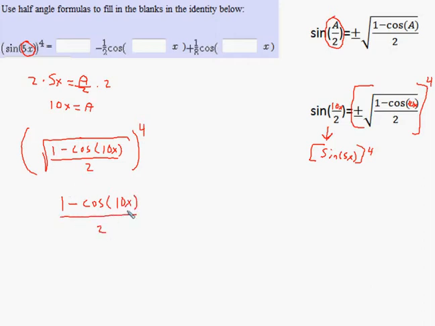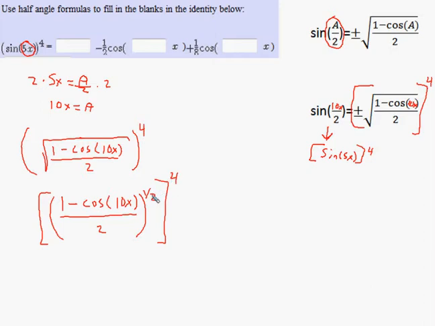In intermediate or college algebra, you learned that taking the square root is equivalent to raising to the 1/2 power. That's just one way to think about it. So rather than writing this giant radical, I instead raise the radicand to the 1/2 power. But then it itself is being raised to the fourth power. Now this is just a rule of exponents from intermediate algebra: if you have an exponent of an exponent, the rule is to multiply.